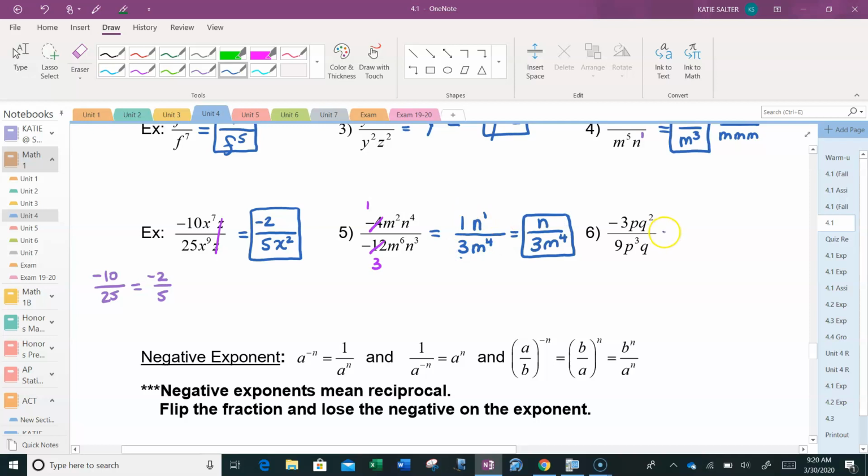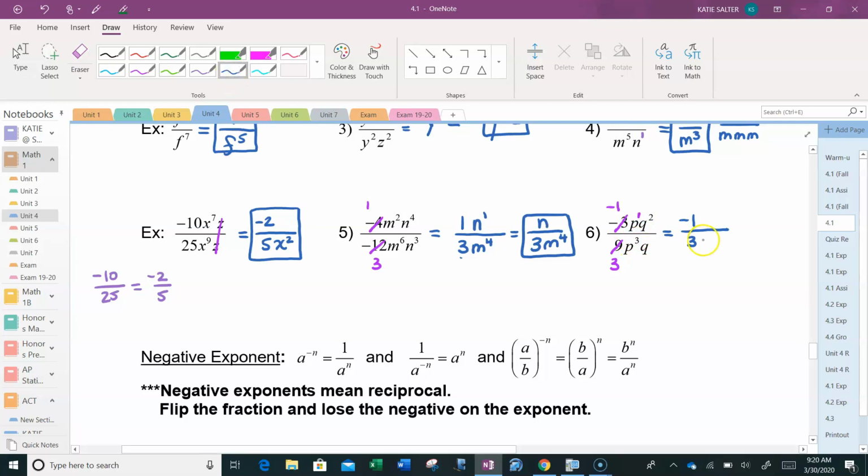All right, looking at the last one, negative 3 over 9, and negative divided by a positive is going to stay negative. 3 goes into itself 1 time, and 3 goes into 9 3 times. So when we go to write out our answer over here, we're going to have negative 1 in the numerator and 3 in the denominator. Okay, even though you don't see it, there's a little 1 on that p. So 3 take away 1 is 2.